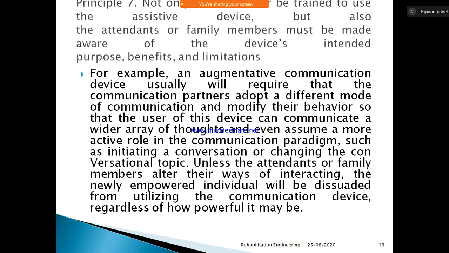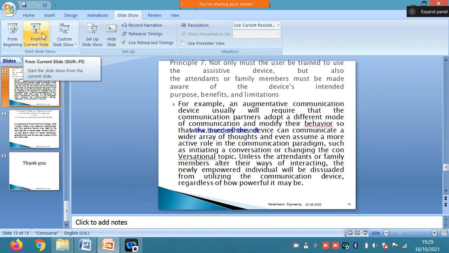For example, last class we saw the upper limb prosthesis, or maybe lower limb, or any process you are going to do. We need to give that preference and choice in the selection of which type of assistive technology the patient needs and is willing to use. Then only will it be useful for that patient.